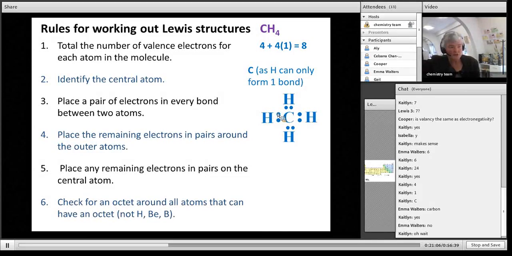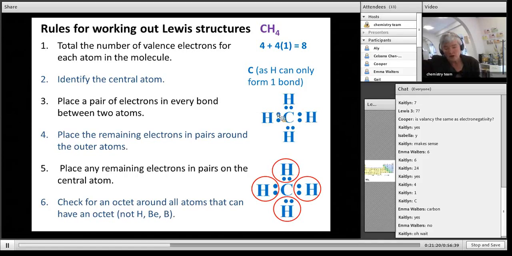So we go straight to step 6 and we go hydrogen. Now I did say check for an octet, but remember that hydrogen only has 2 electrons. Okay, so each hydrogen is happy, and look at the carbon. The carbon has got 8 electrons. So do you think that Lewis structure is correct? Yes. Okay, so I've got things all sorted.